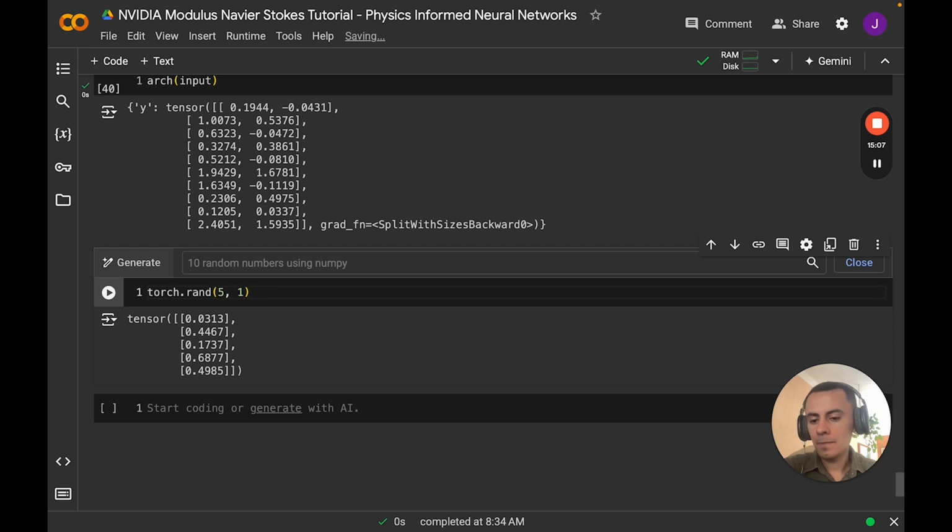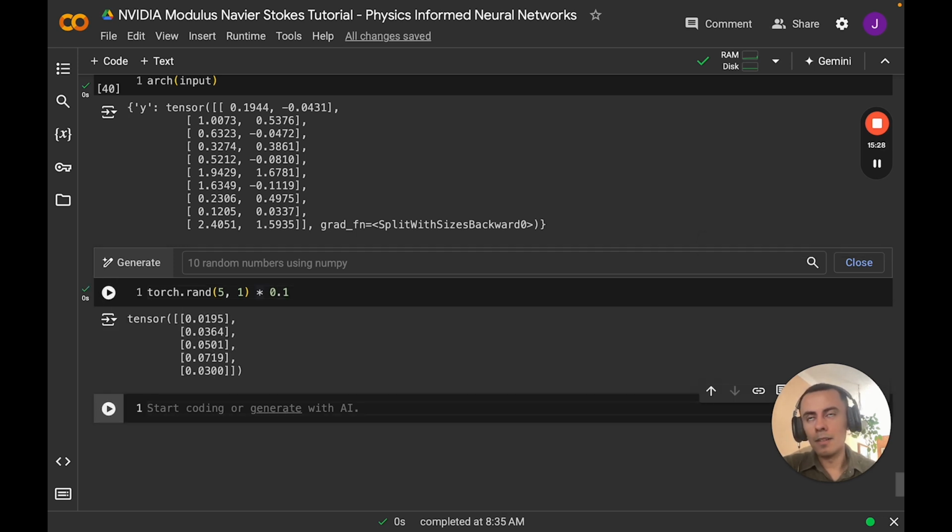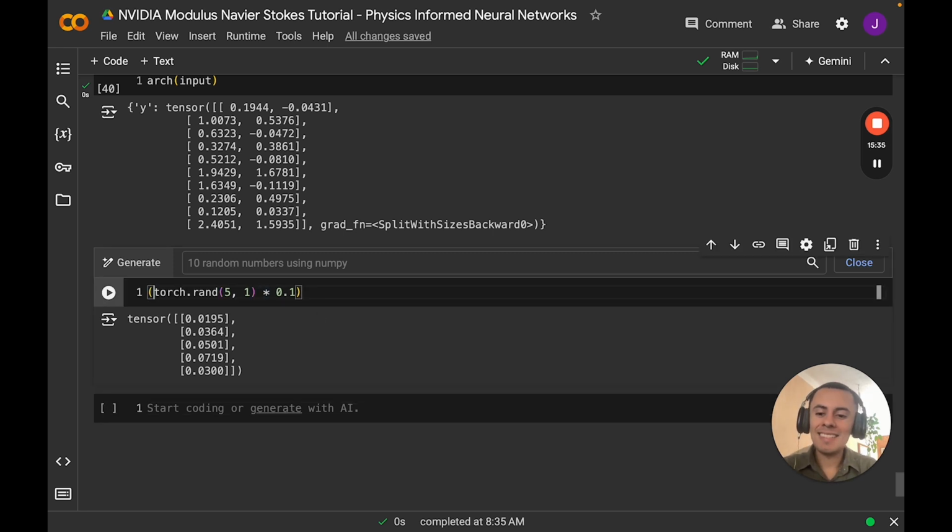That's cool. But in reality, for our domain, we don't want something between 0 and 1. We want something between minus 0.05 and 0.05.